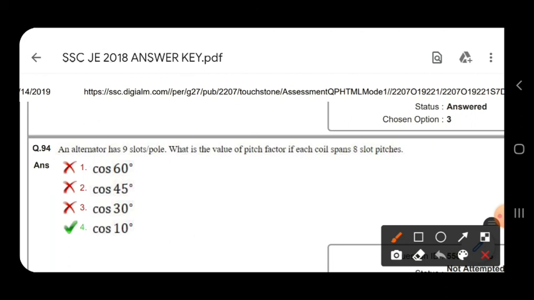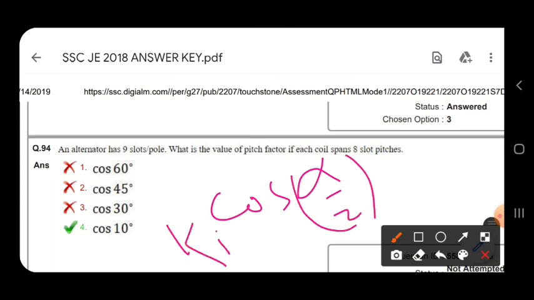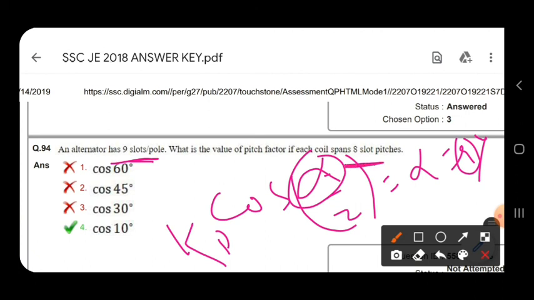So friends, you have to find the value as cos alpha upon 2, which is Kp, the pitch factor. Here alpha equals q into y. Q is the short pitch, that means there are 9 slots per pole but the winding has been done in 8 slots, so q equals 9 minus 8, that equals 1 short pitch coil winding.